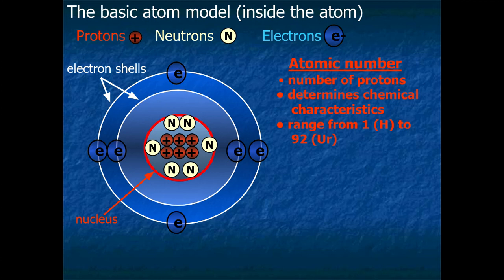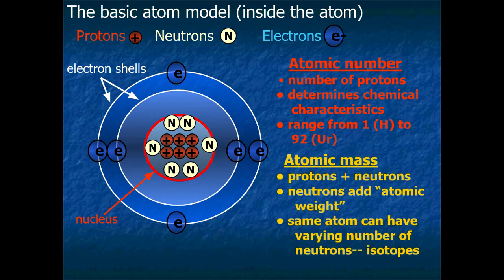We'll look at the periodic table in a little bit, and the atomic numbers will range from number 1, meaning 1 proton in the nucleus, that would be the atom hydrogen, to 92 protons in the nucleus, and that would be uranium. So we have protons, neutrons, and electrons.